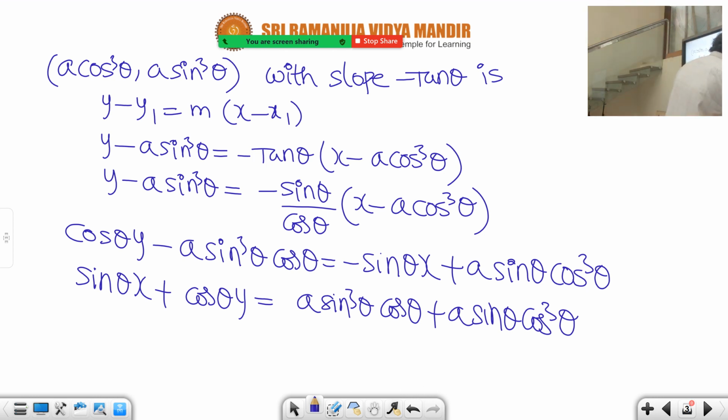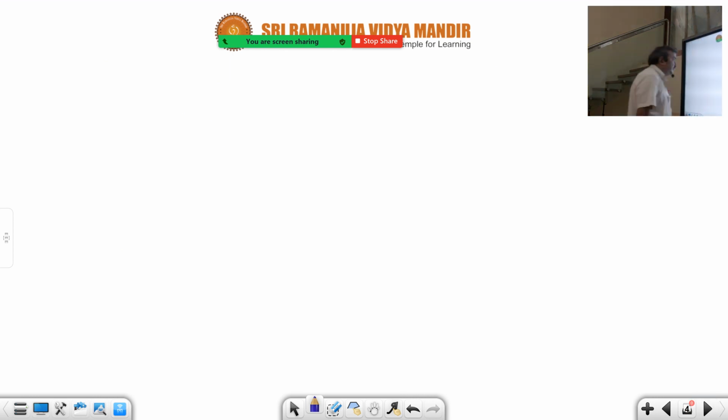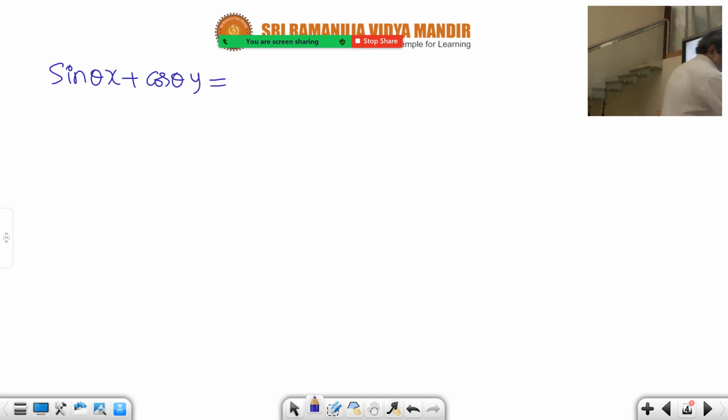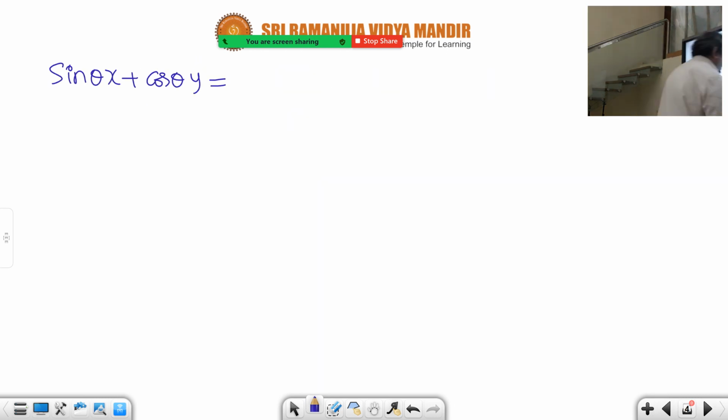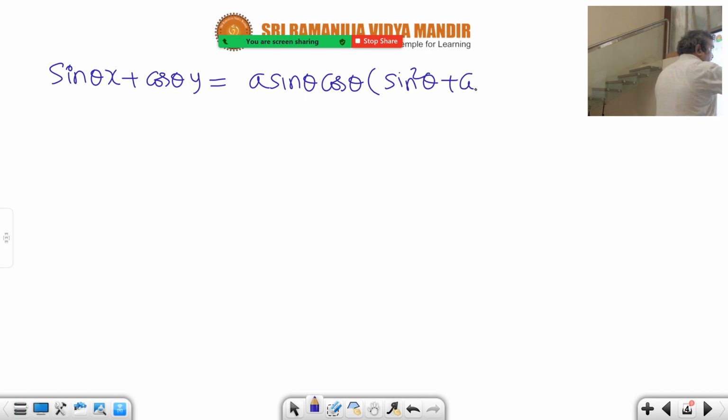So from this, sin theta into x plus cos theta into y is equal to a sin theta cos theta is common. So a sin theta cos theta is common, and after that here sin square theta plus cos square theta.